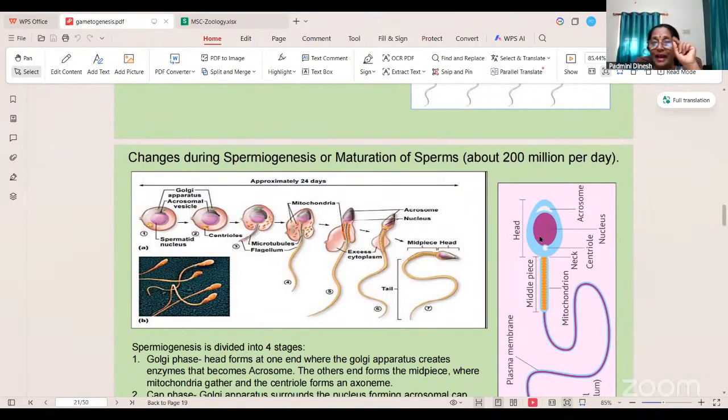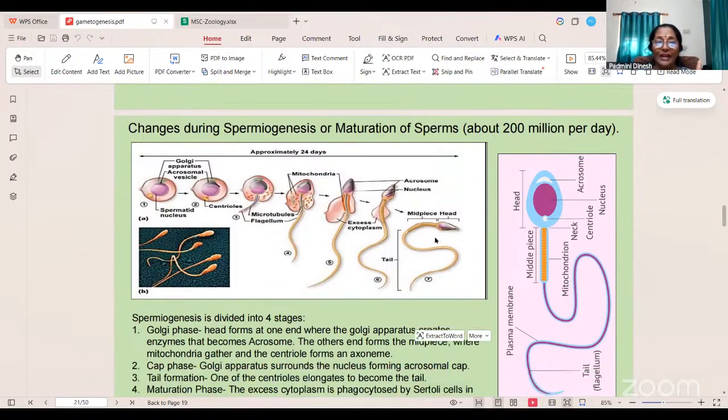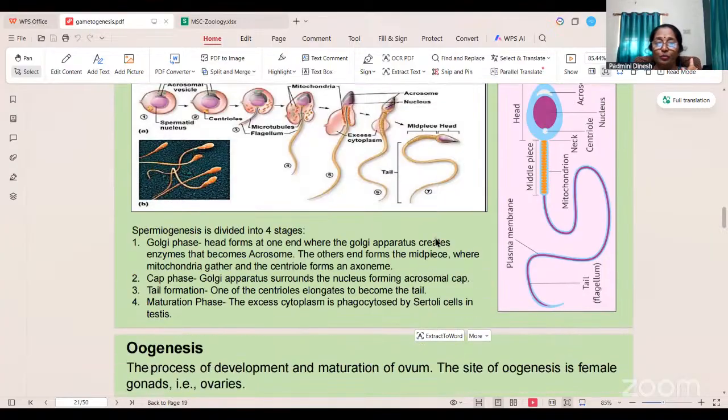That is, it can have either an X chromosome or a Y chromosome, and that will tell whether the child born is going to be a male or a female, depending on the sex chromosome present in the sperm. So a mother is always going to give an X chromosome. It is the father who decides whether the child is going to be a male or a female, depending on the sex chromosome present in the sperm. So that is the maturation of the sperms.